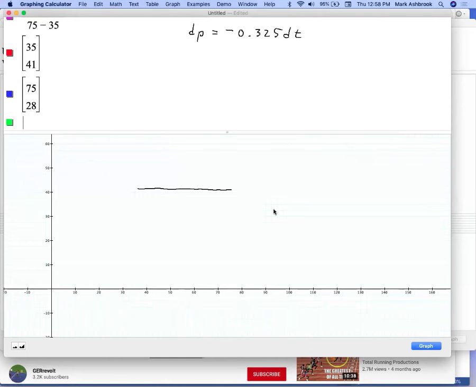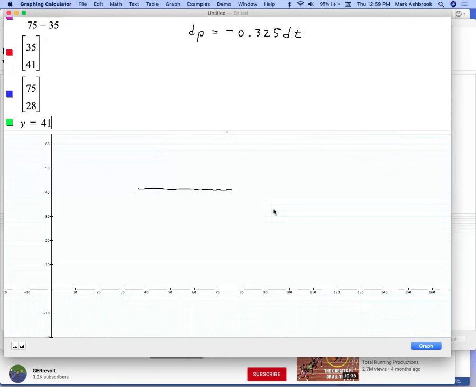Any thoughts? Angel, any thoughts on that? Would you do y equals 41 and then put a domain on there between 35 and 75 for x? Why did you say y equals 41? Because that will produce a horizontal line. Okay. And then set a domain.